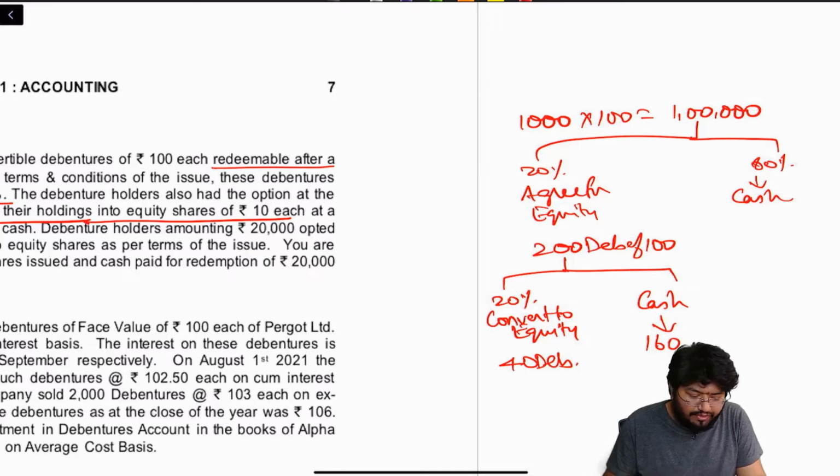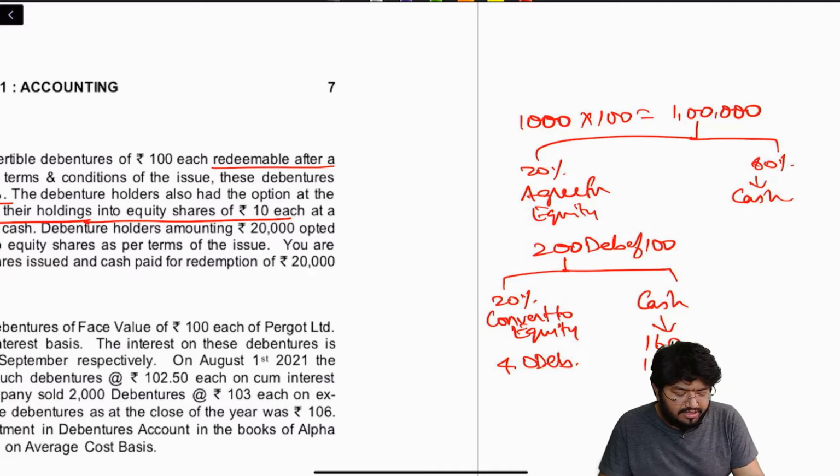So, for this 160 debentures, how much am I going to pay? 105, sir. 160 into 105. 105 is what we pay. Now, for this 40 debentures, I am supposed to give equity shares.